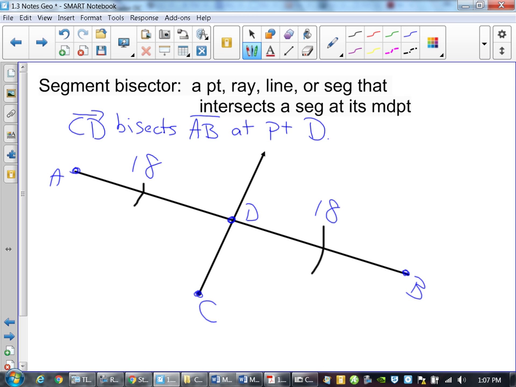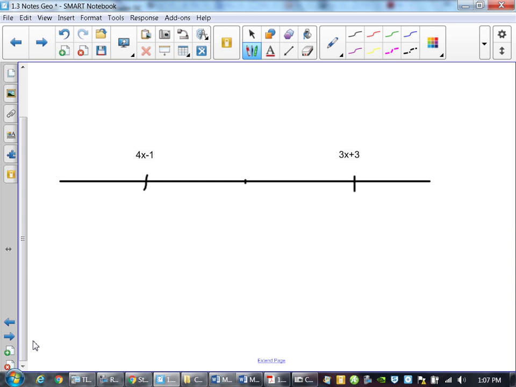All right. So we have an example. Here's our example of segment AB, and X is a midpoint.